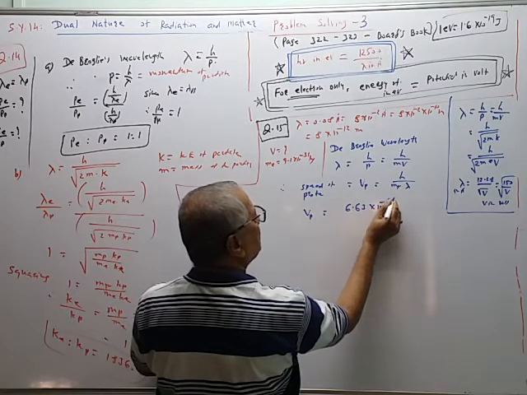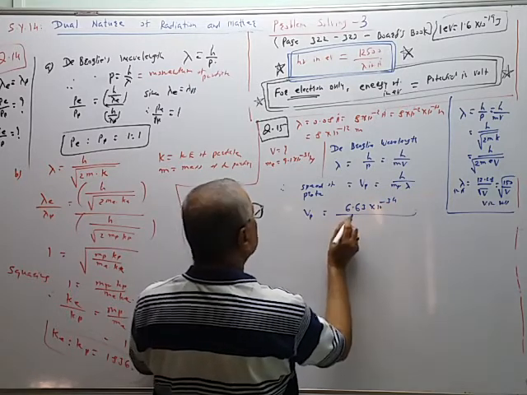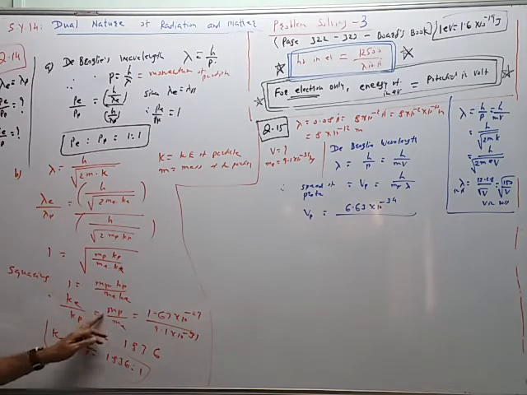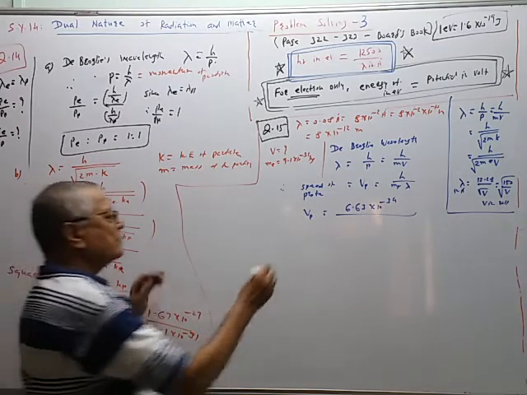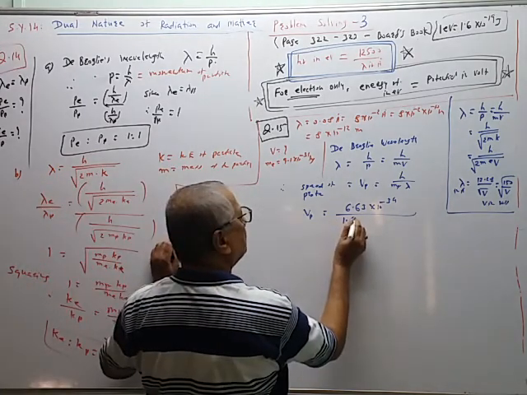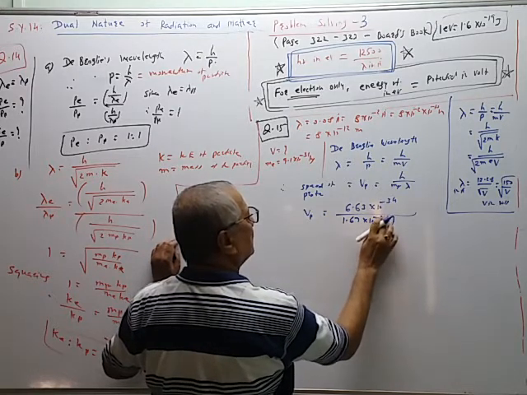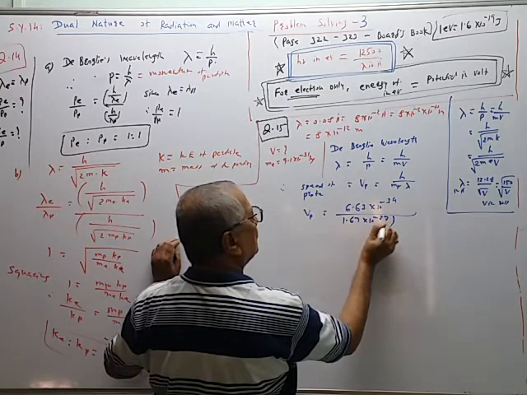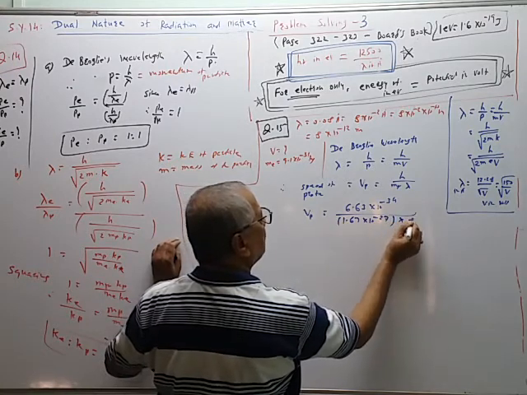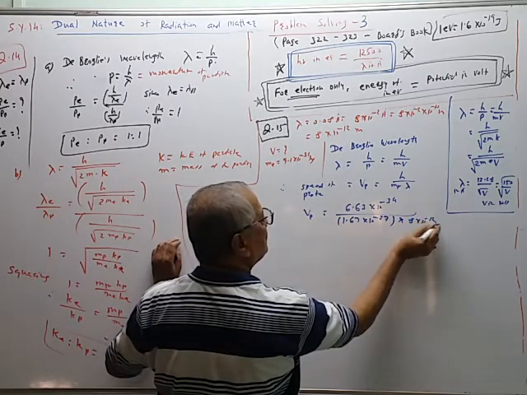6.63 into 10 raised to minus 34. It is a constant. And mass of the proton, just now we have written, mass of the proton is equal to 1.67 into 10 raised to minus 27 kilogram. And lambda is equal to 8 into 10 raised to minus 12.